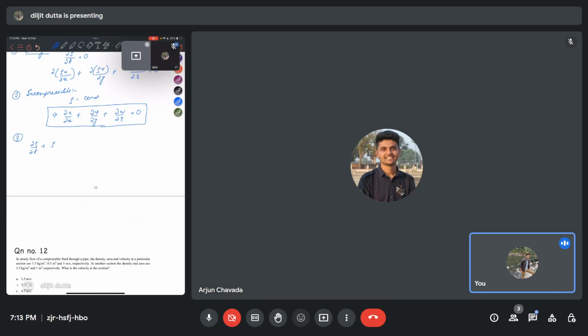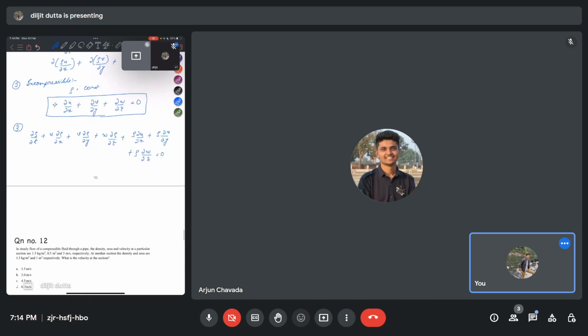So just break del rho u, it will be rho del u by del x plus u del rho by del x, and so on, plus rho del w by del z equals 0. We have just expanded all the terms, and these four terms we can club to get d rho by dt.